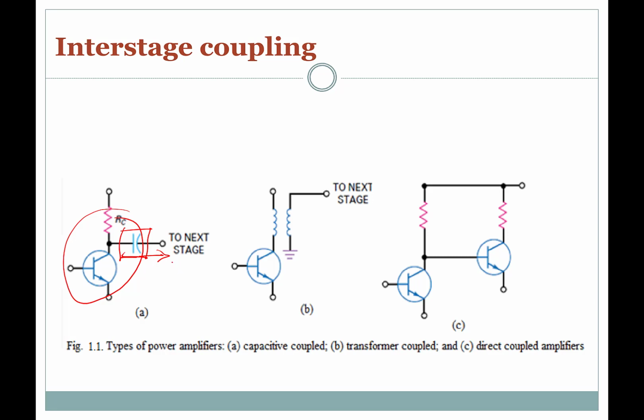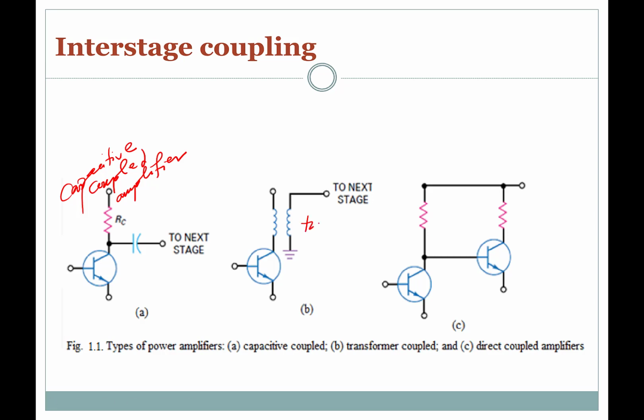This type of amplifier is what we term a capacitive coupled amplifier. The other one, which is this one, is what we term a transformer coupled amplifier.